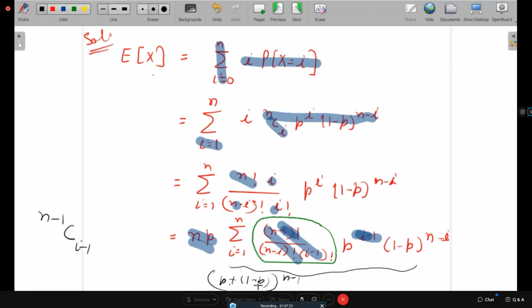And since this is p plus 1 minus p, the p will get cancelled, and 1 to the power n minus 1 is 1, and you will remain with n times p. Right? So this is what we faced with respect to the expectation of x.